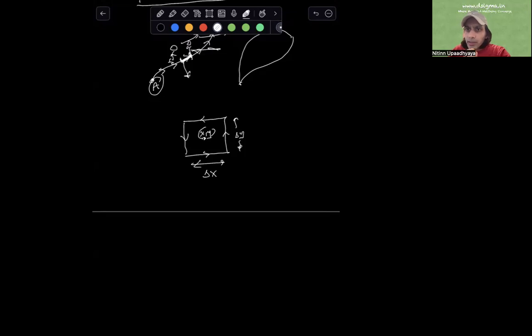By the way, this is very similar to the kind of derivation we did when we defined how we can relate the changes in pressure in a fluid, how the gradient of that pressure points in the direction of the force field. So I'll point you to a link where we discuss this idea in detail.